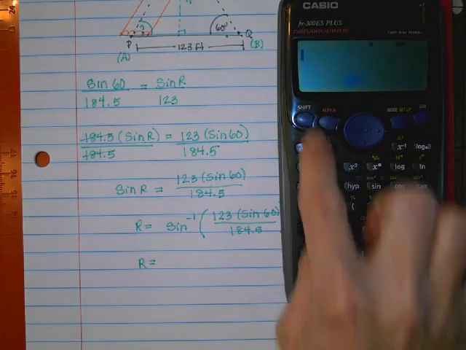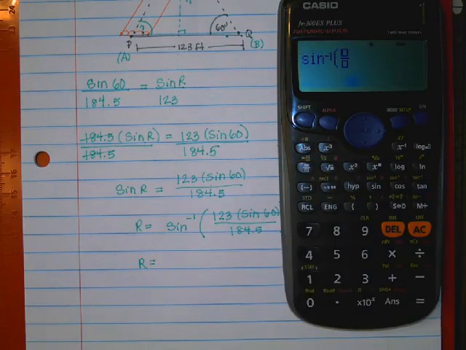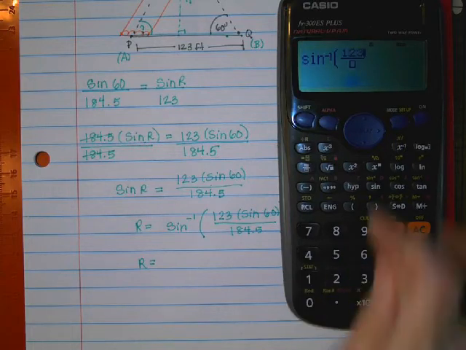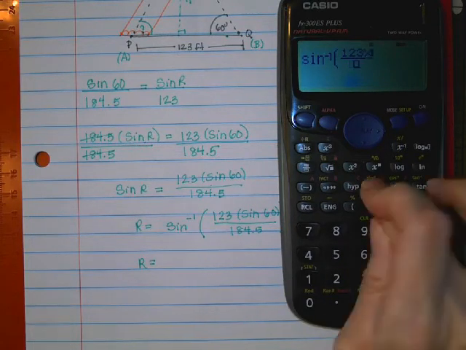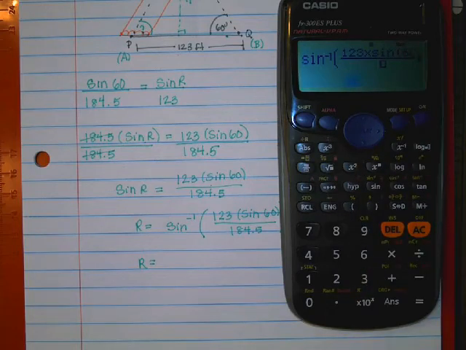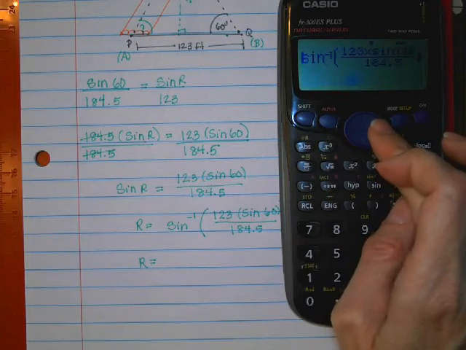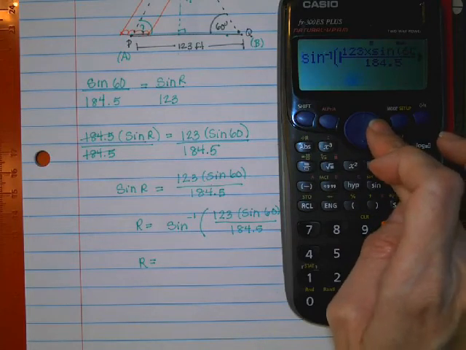Arc sine, so shift sine. I'll put my fraction bar in. So I have 123 times the sine of 60, and I'm going to put that over 184.5. Oh, we went too far.